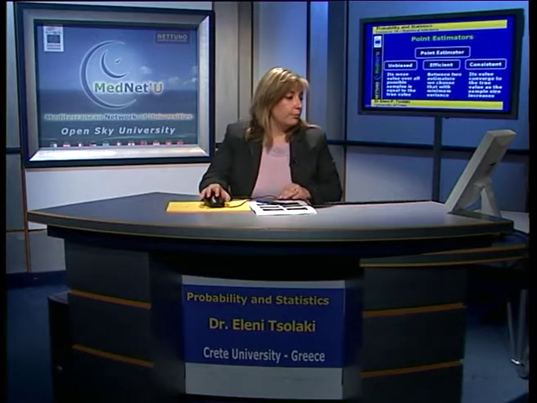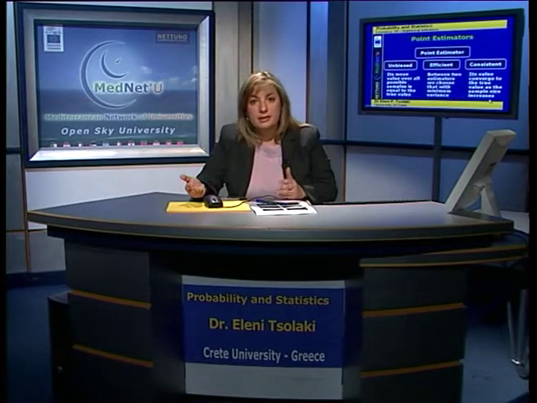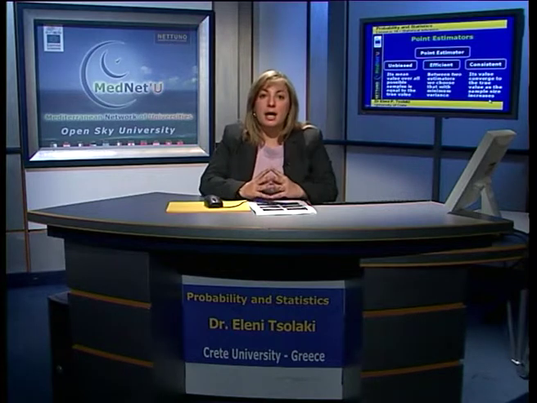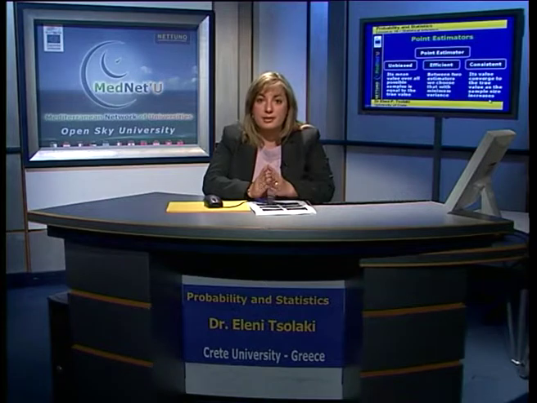And also, we want our estimator to be consistent. That means its value converges to the true value as the sample size increases. What this means is we can think of the sample size as how much data we have in the sample.